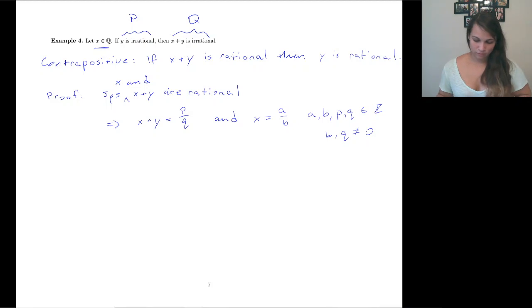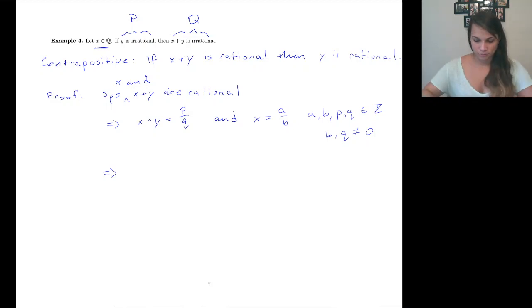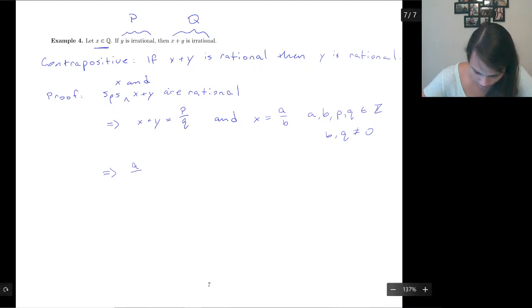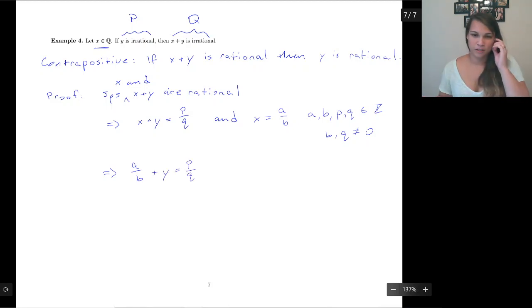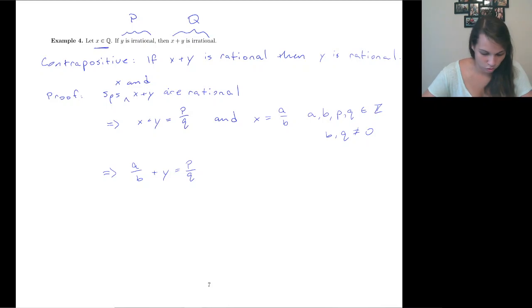You should probably already see where this is going. We can plug that x into the x plus y, and you're like, oh, P over Q minus A over B. Yeah, that's going to be a rational number for sure. But we are going to be careful.